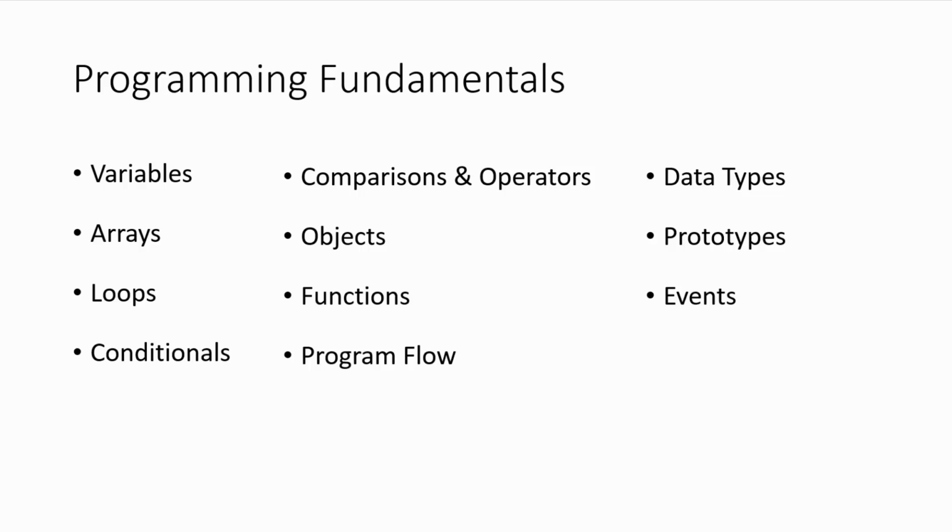Conditionals, we're going to have if statements, if else, switches, comparisons and operators, objects, functions. We'll talk about program flow, data types such as strings, numbers, prototypes, and also events. Events is a big one. When we have interactive elements on our web page, we usually have some kind of event or action associated with that element.